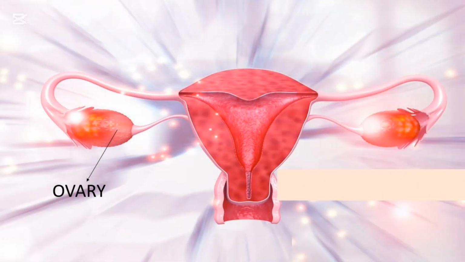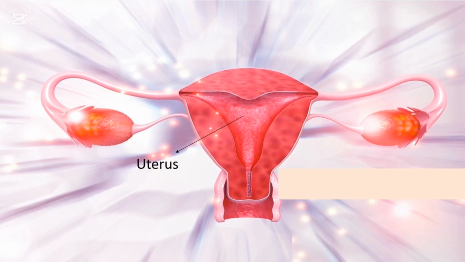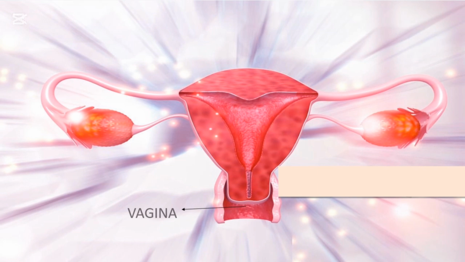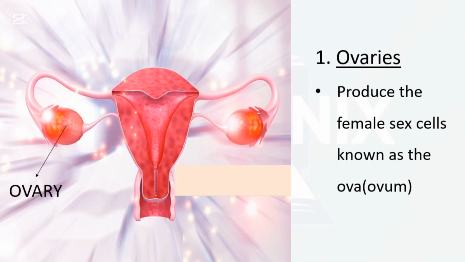The ovary, the oviduct, also known as the fallopian tube, the uterus, the cervix, and the vagina. Let's get started to know the functions of each of these parts. Let's get started with the ovary.